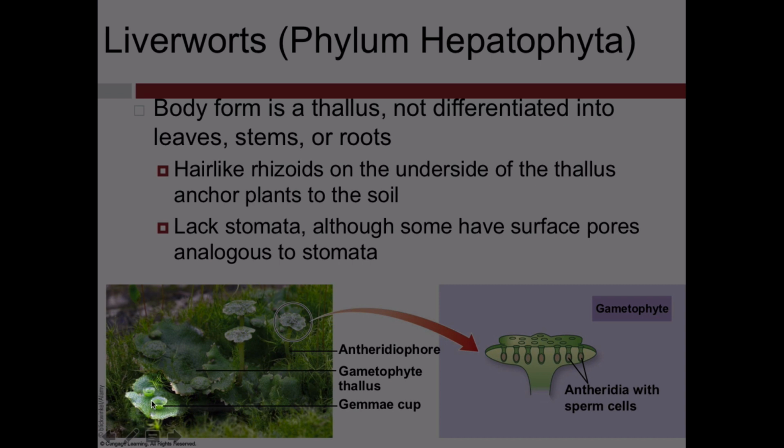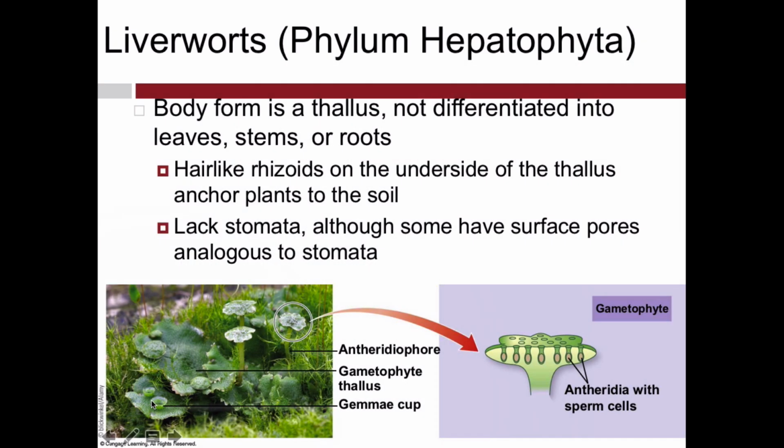Those are two gemma cups. Within those gemma cups are the gemmae themselves. The gemmae are those tiny balls, and you can see this in your textbook. Asexually, the splashing raindrops would allow the sperm to swim.